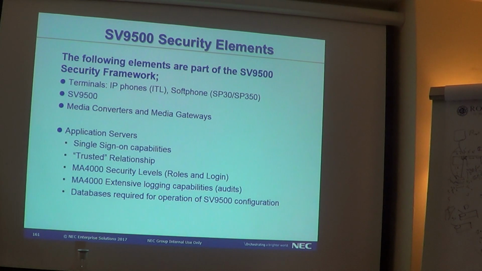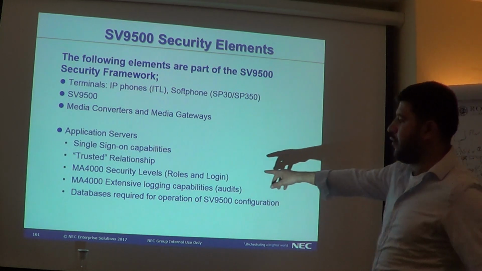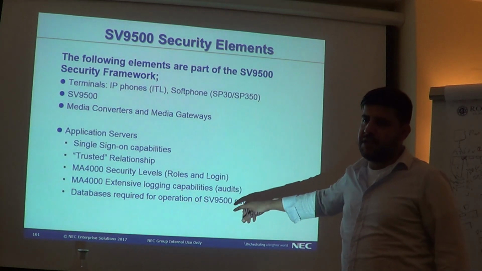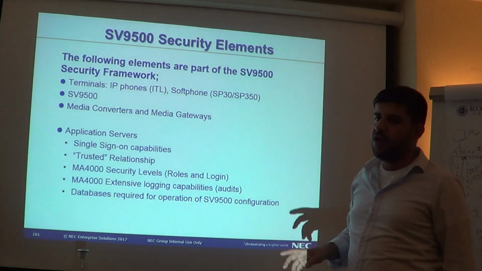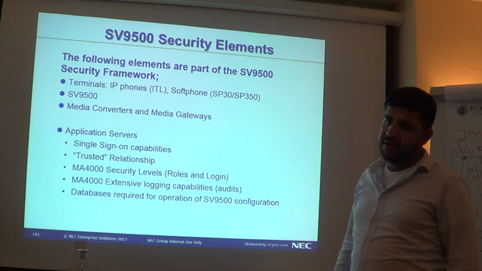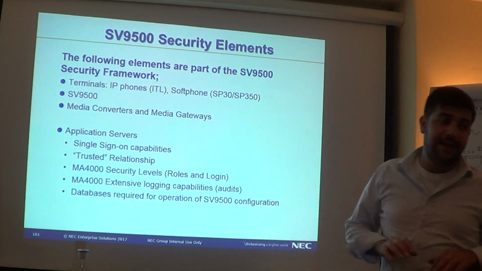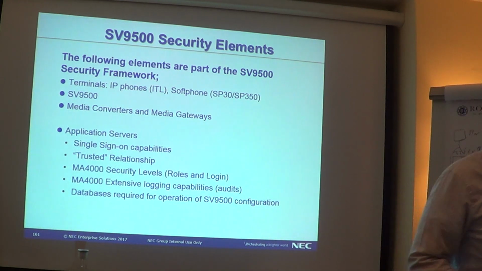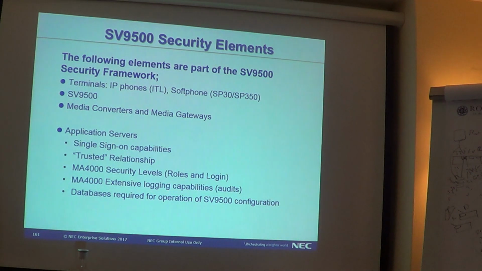In the application we have an authentication server called CAS, Centralized Access Control Security Application, which really allows no one to access a MA4000 system management or express management or BCT or MobiCore or any other NEC application without being authenticated by this server. So you are not accessing a MA4000 directly, you are accessing via CAS. You are not accessing express management, you are accessing via CAS. And once you are authenticated by the CAS, you are allowed to come inside the application itself.